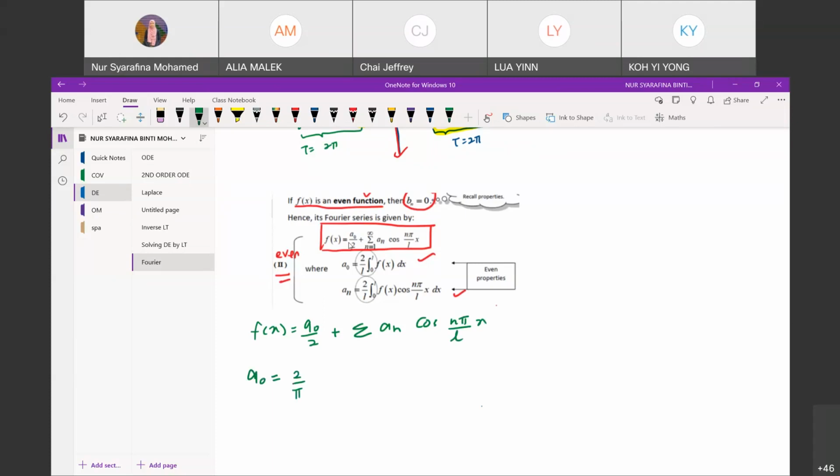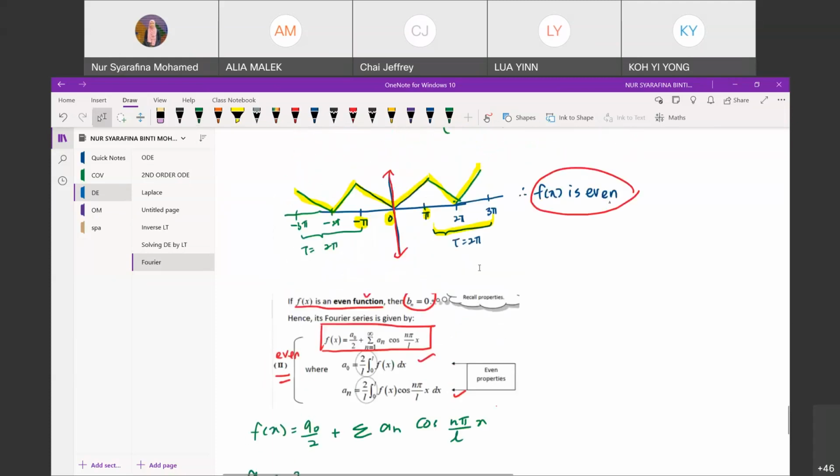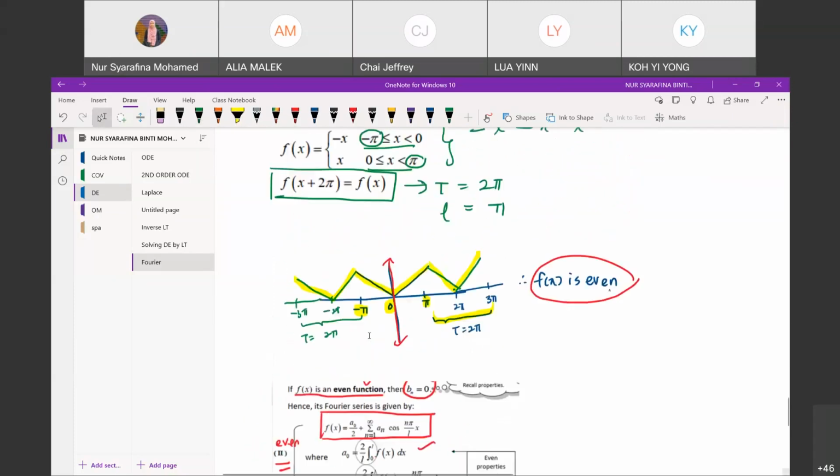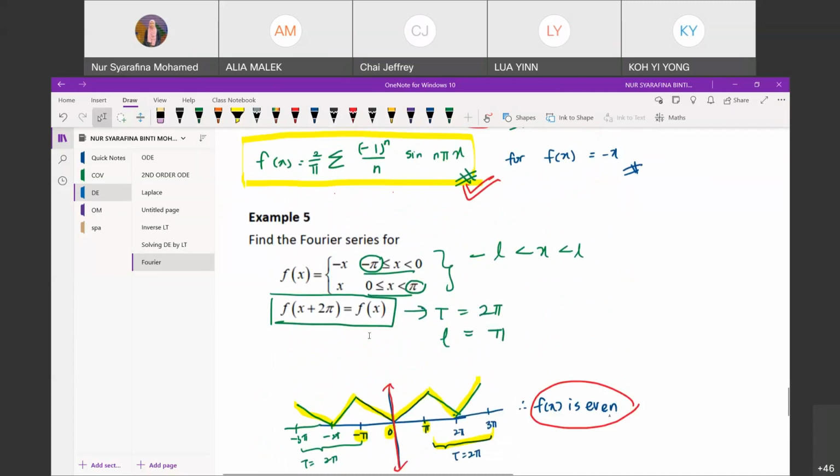L is pi, right? Integrate from 0 to L, fx dx. So now, from 0 to pi, which fx satisfies the range? Negative x or x?